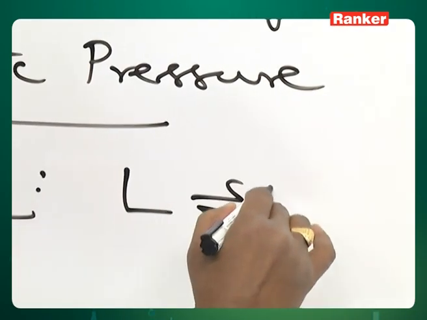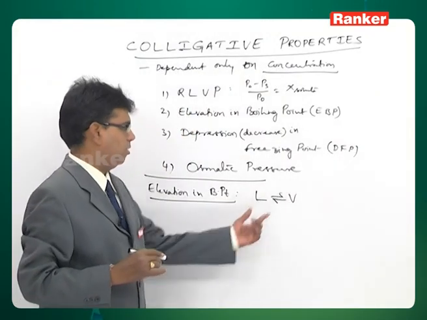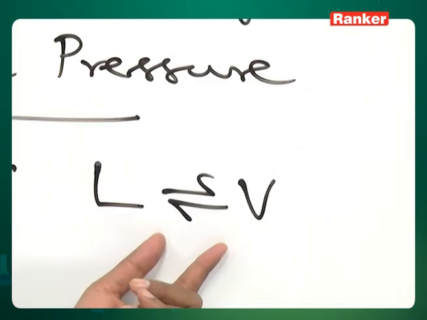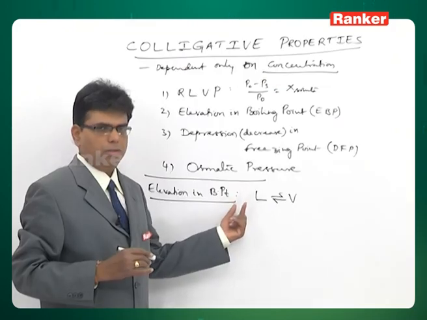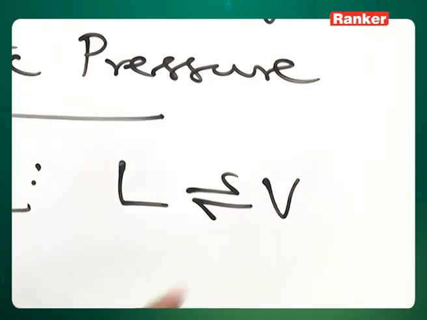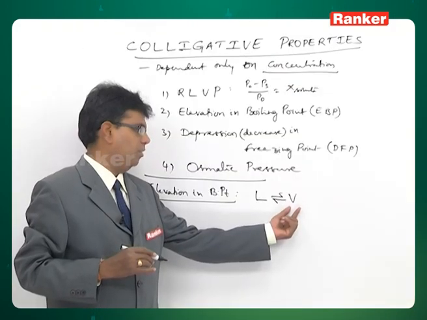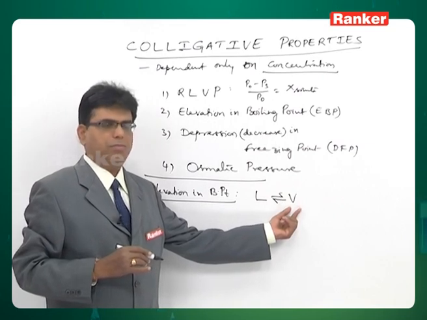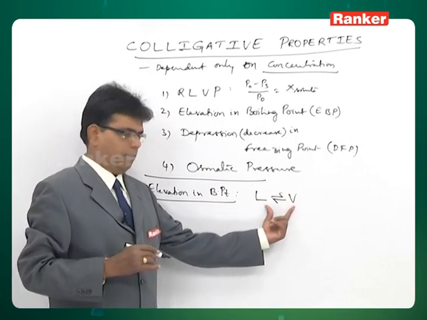Liquid-vapor equilibrium, where it exists exactly, that is what we call the boiling point. Liquid starts evaporating, liquid undergoes boiling. In fact, evaporation is of course different from boiling, right.